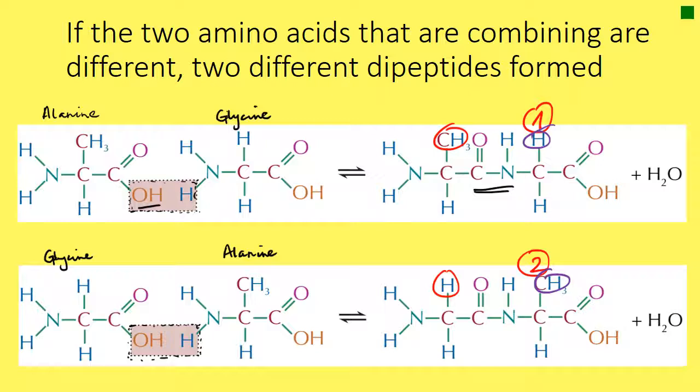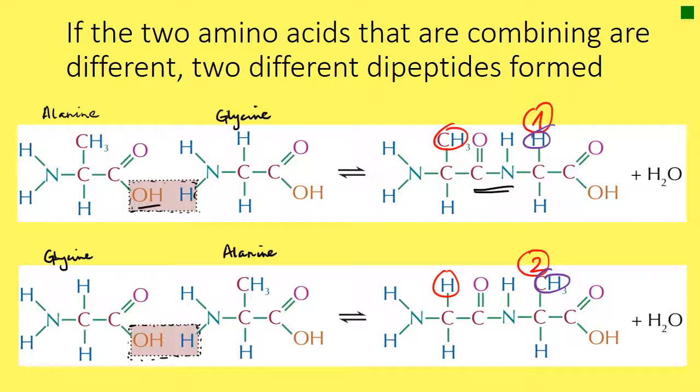Okay, but we could do that reaction the other way around, as is illustrated here. So glycine has switched over here, and alanine is this amino acid here. We've got the same condensation polymerization reaction happening, but this time the hydroxide group that is involved in the peptide link is from the carboxyl group of glycine, and the hydrogen is from the amino group of the alanine.